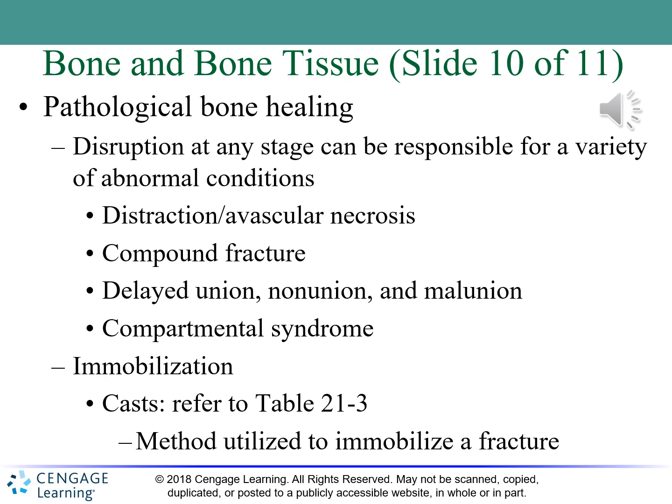All right, the next one in red, the delayed union. Delayed union is a delay in the healing of the ends of a fracture. And then non-union, that is failure to unite, as in a fractured bone that fails to heal completely. It says when the fractured bone ends do not unite, the presence of infection and movement of the fracture site are what usually cause non-union.